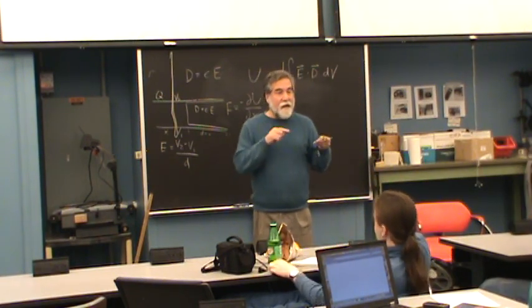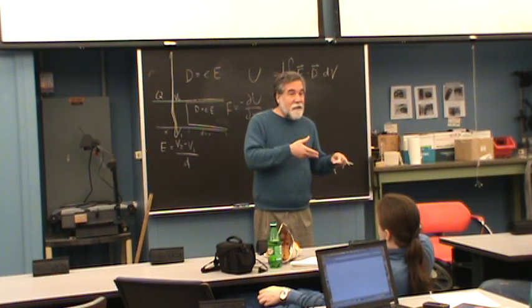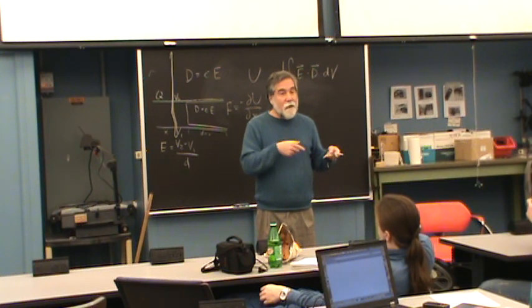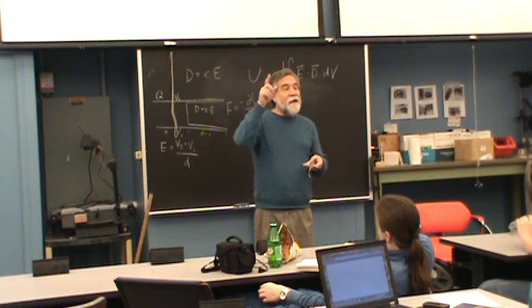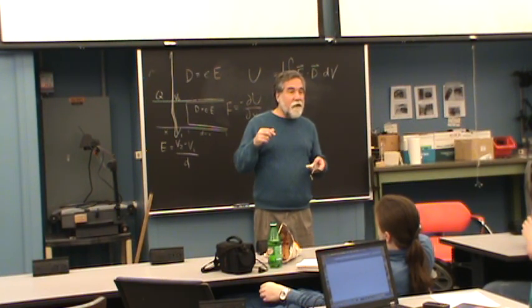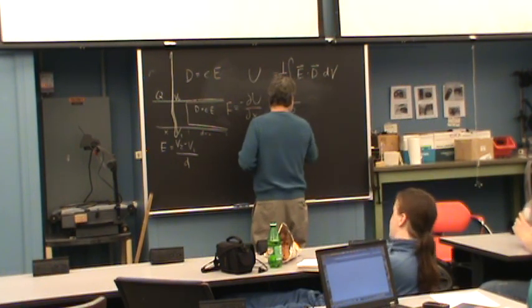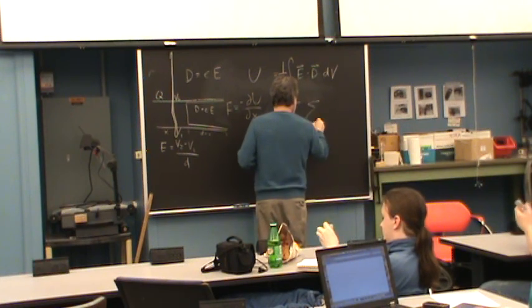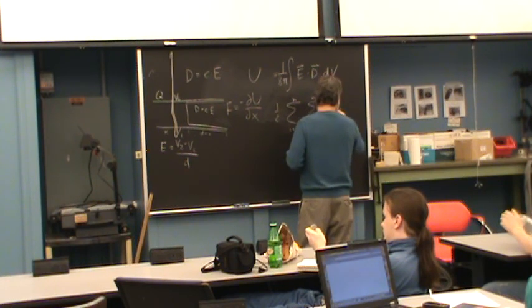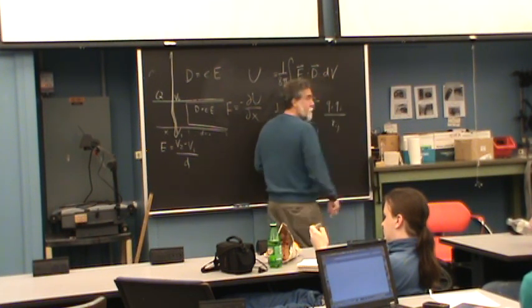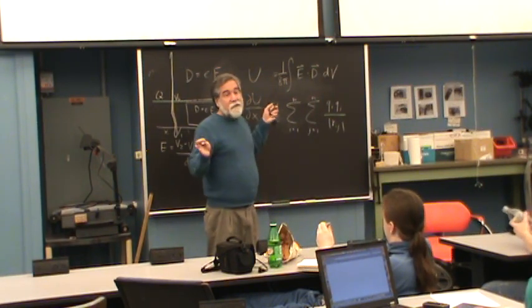The potential energy is equal to 1/2 the sum over all particles, twice, of Qi Qj over Rij. That's it. The problem is solved.